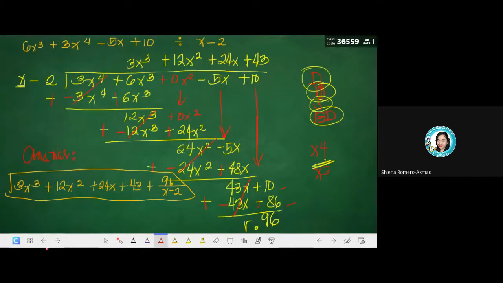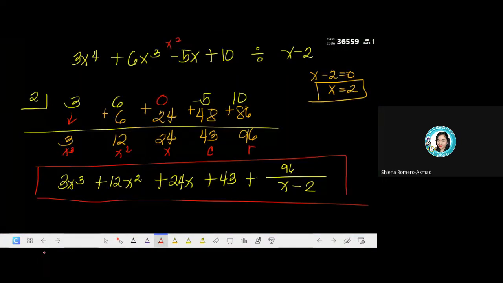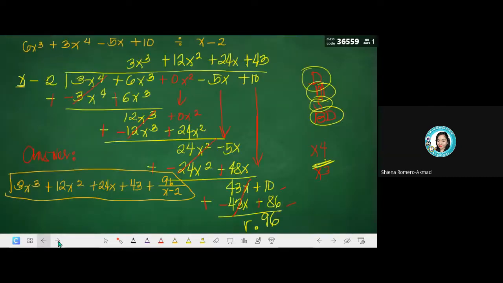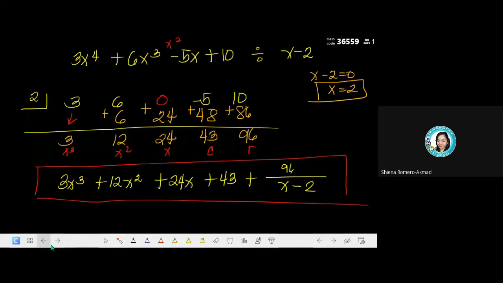So ito yung solution natin kanina, mahaba, no? And the other one is a shorter version of the solution. Okay? So, I guess naintindihan ninyo yung difference ng long division and ng synthetic division. And you said earlier na mas madali po yung pangalawang tinuro ko, which is the synthetic division.